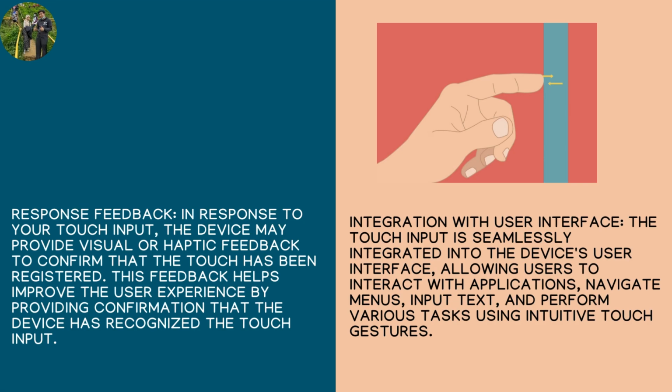So maybe they have an experiment. When you touch the screen, it will generate a certain voltage drop, so they can see what happens there. The touch input is seamlessly integrated into the device user interface, allowing users to interact with applications, navigate menus, input text, and perform various tasks using intuitive touch gestures.